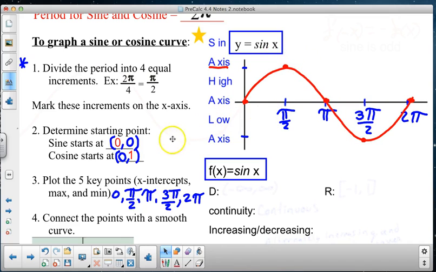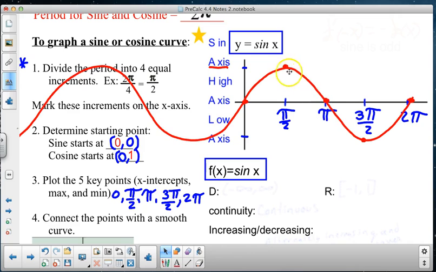And remember, the graph was determined by our sine values of our quadrantal angles, because we split our 2 pi period into 4 equal parts, and this is 1, 2, 3, 4, but we have 5 key points that we need to graph on either side of those 4 equal parts: 0, pi over 2, pi, 3 pi over 2, and 2 pi.